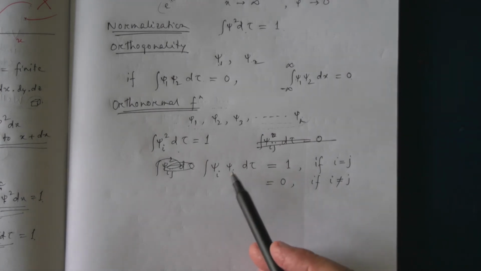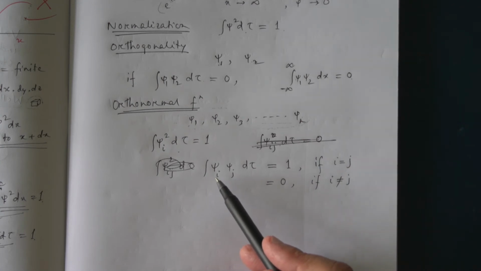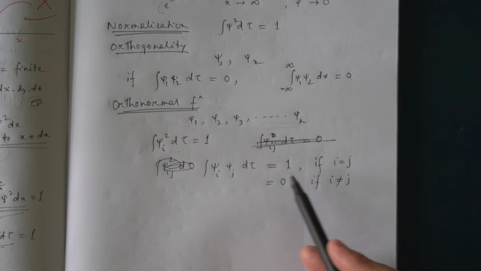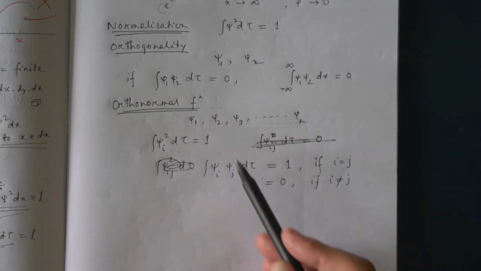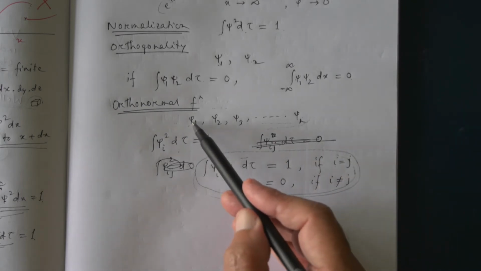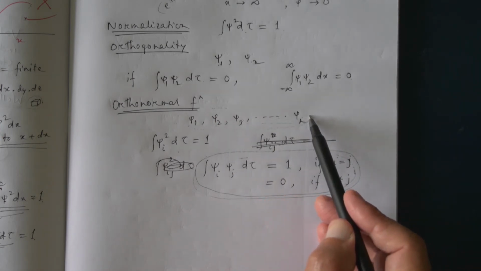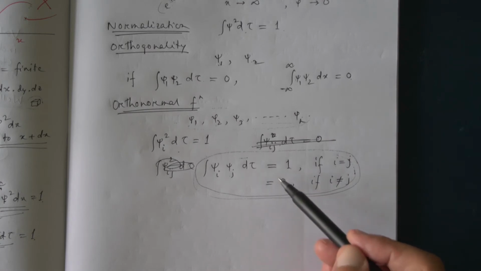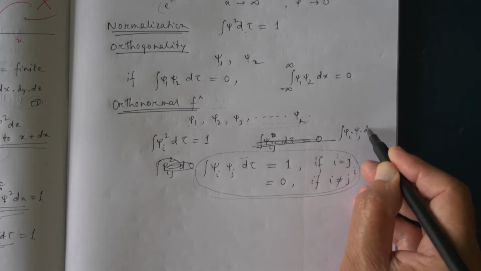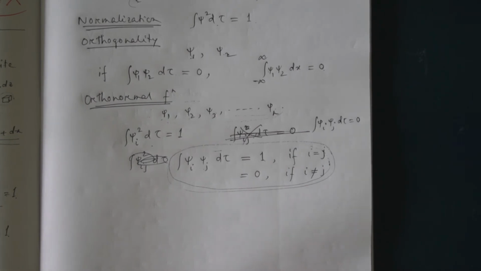If these conditions are satisfied, then this is an orthonormal set of functions. So we can write it together, and if we write separately, the integral of psi i psi j d tau is 0 for i not equal to j.